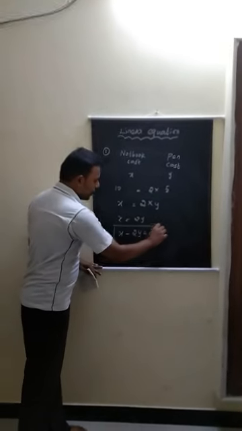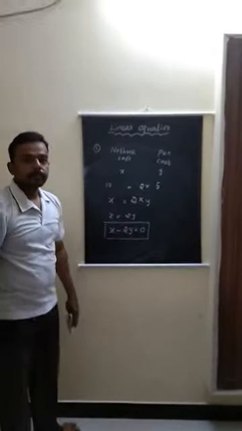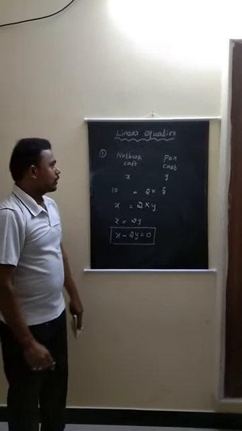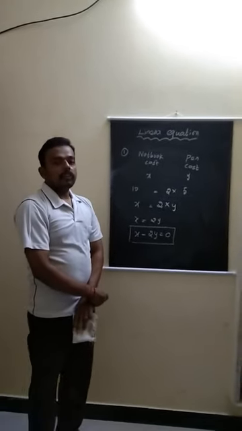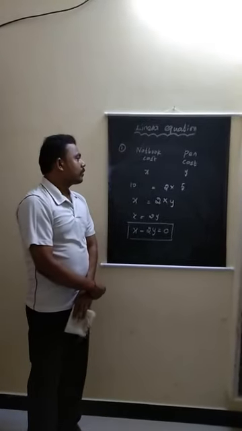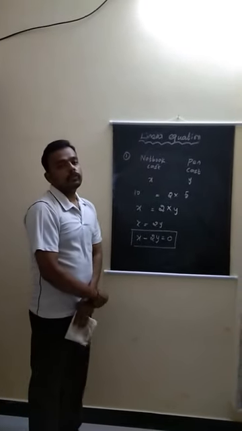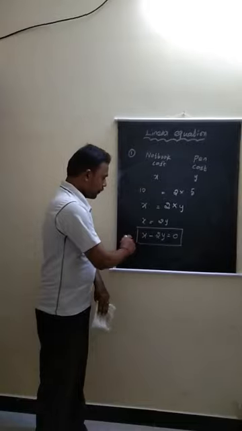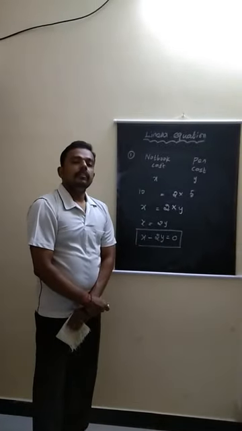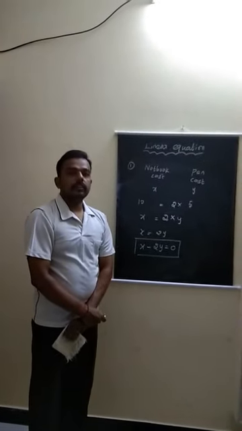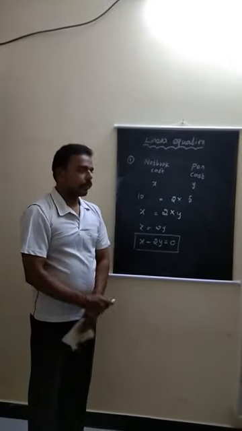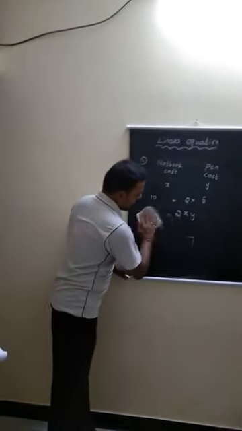Now this is the linear equation of this one. So the question is, the cost of the notebook is twice the cost of the pen. So it means how to form the equation. After forming this equation, we can find the points and also we can draw the lines in our graph sheet. Okay, right. And come to second problem.